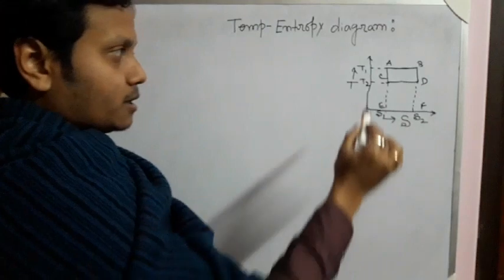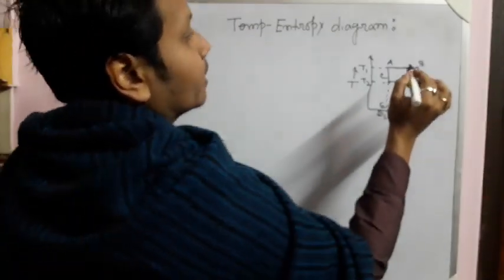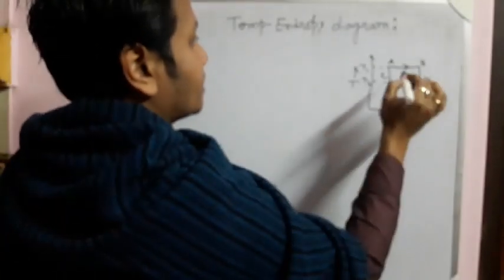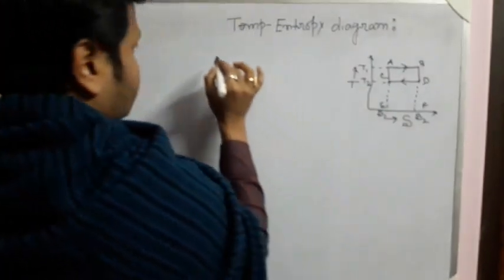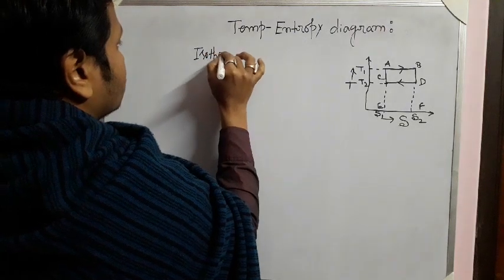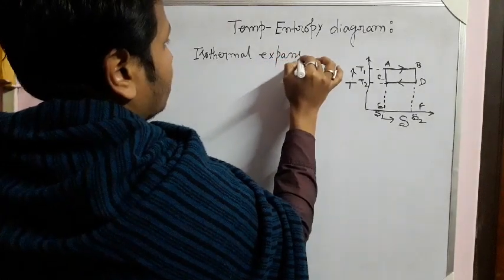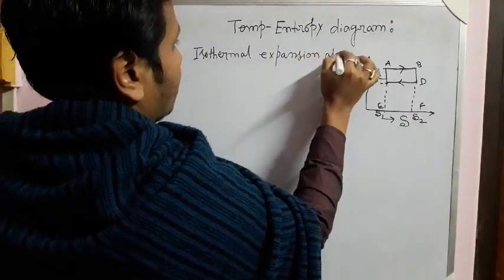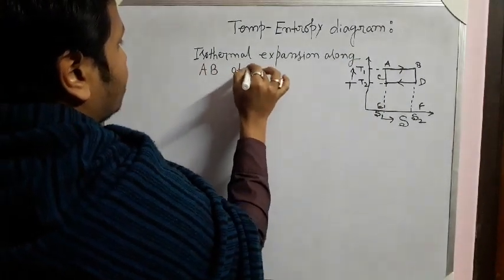So the TS diagram is simply a rectangle on which heat is absorbed along AB. That means isothermal expansion takes place along AB and isothermal compression takes place along DC. The working substance undergoes isothermal expansion along AB at temperature T1.